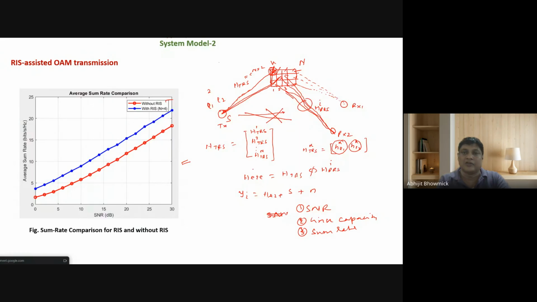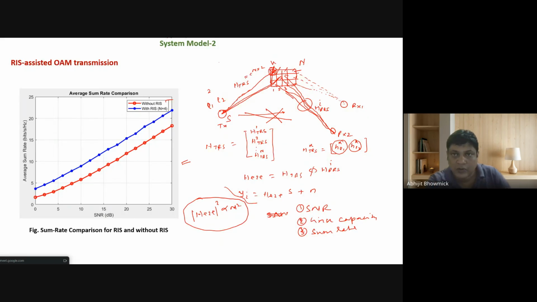Normally this H E to E is always proportional to n square. That I already discussed. I cannot remember whether I told or not. That gain is basically proportional to n square. Anyway, you can see that red line is basically without RIS, and blue line with RIS. You can see for a given SNR that when I place the RIS, it is getting a higher or better sum rate.